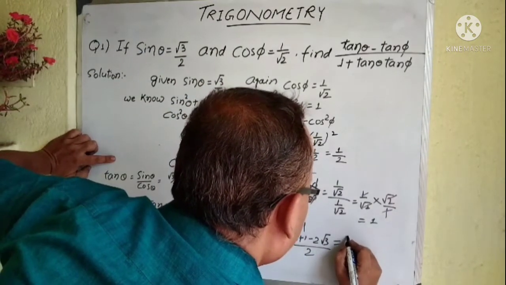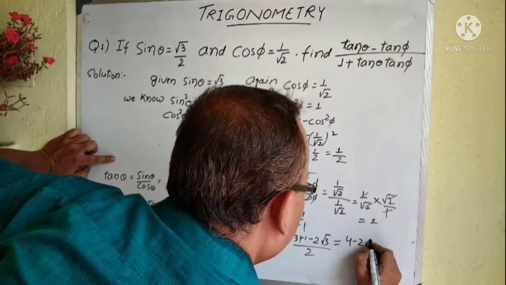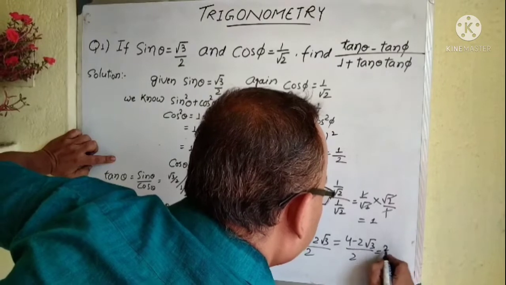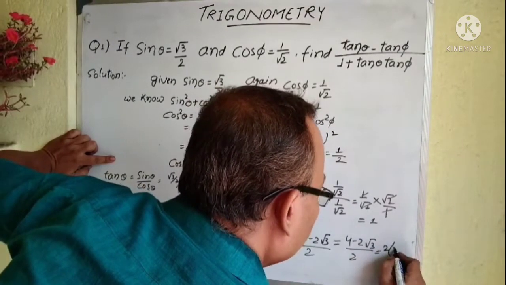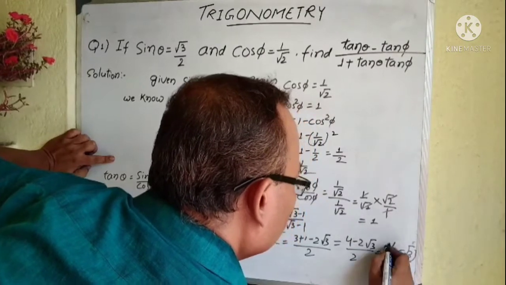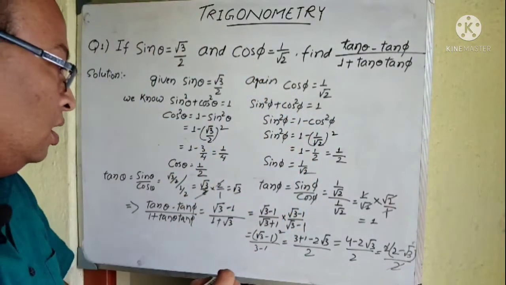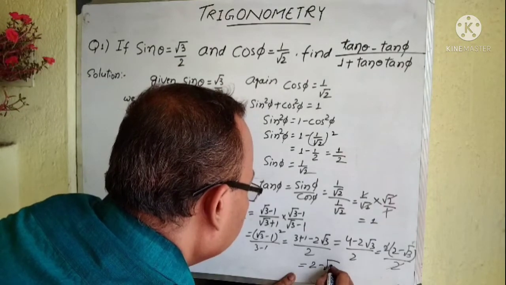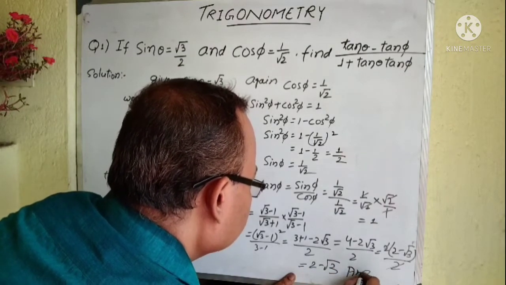So here it will be 4 minus 2 root 3 by 2, which is equal to, again you can take common, 2 minus root 3 by 2. 2 will be cancelled. So 2 minus root 3 is the answer.